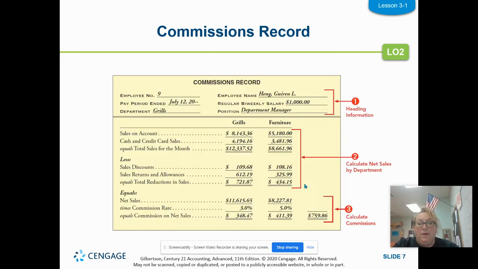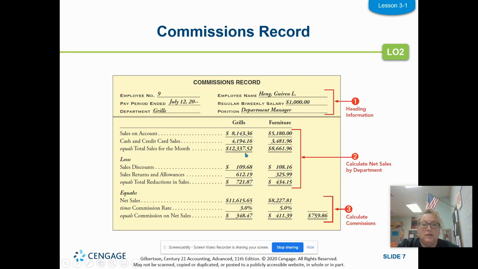Some managers get paid by commission also. This is a commissions record, which we've already done before. The commissions record in this case is for Guren Hing. He worked in grills and was the department manager. It looks like he gets a biweekly salary of $1,000, but he also gets a 3% commission on sales in both grills and furniture.